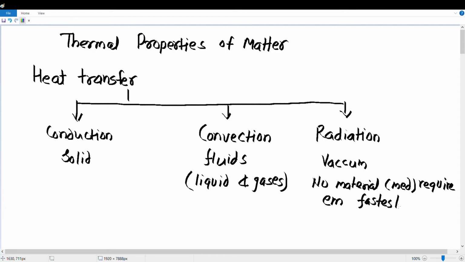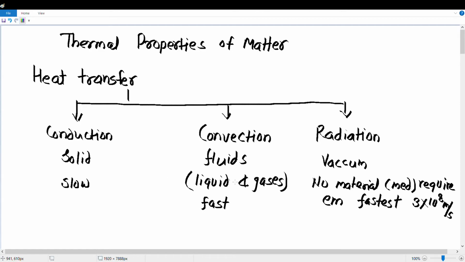The heat transfers at a rate of 3 into 10 raised to 8 meter per second, with the velocity of electromagnetic waves. And conduction is the slowest mode of heat transfer; radiation is fast as compared to conduction.